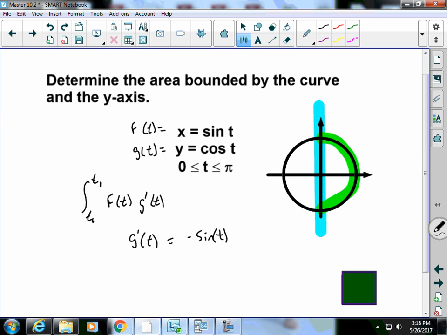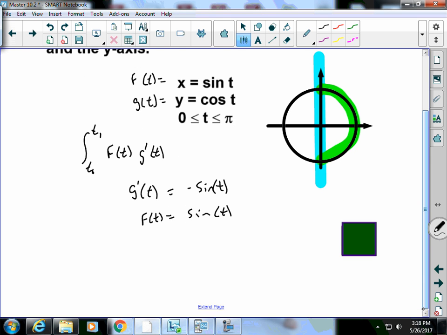F of t, as we already said, was sine of t. So what do we have? We're going from 0 to pi, and it's the opposite of sine t times sine t dt.